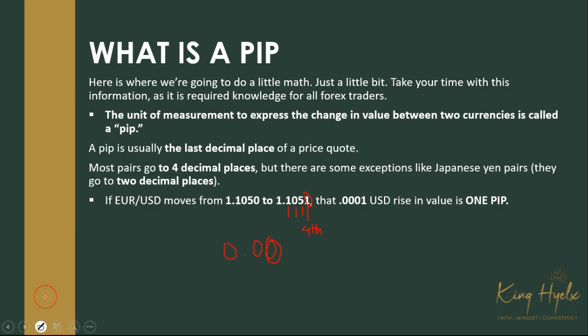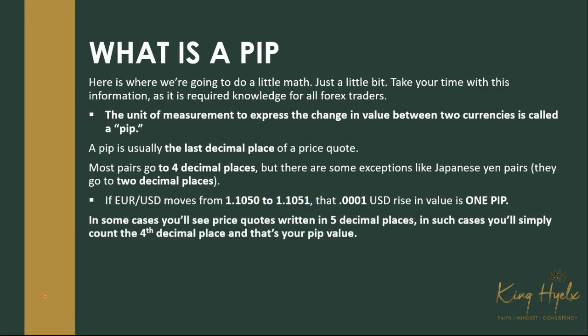So going further, in some cases, like I said before, you will see price quotes written in 5 decimal places. In such cases, you will simply count the 4th decimal place, and that's your pip value. So the 5th decimal place is known as a pipette. It's what? 1/10 of a pip. So let me just give an example. With the example of 1.1050, these are pips, right?